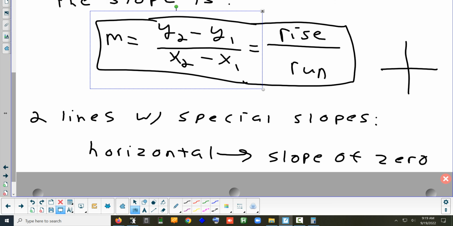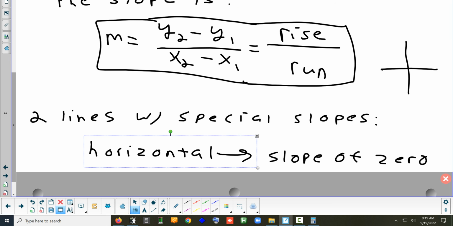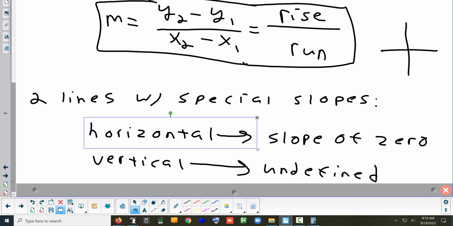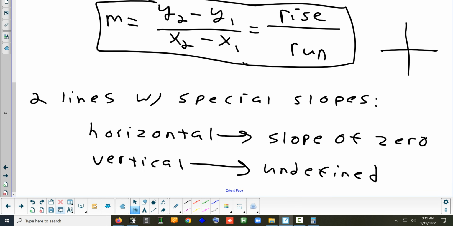It's not the same as horizontal. So it is different than horizontal. Yeah? It's undefined. So a horizontal line has a slope of 0. A vertical line is undefined. And those are the two special cases.